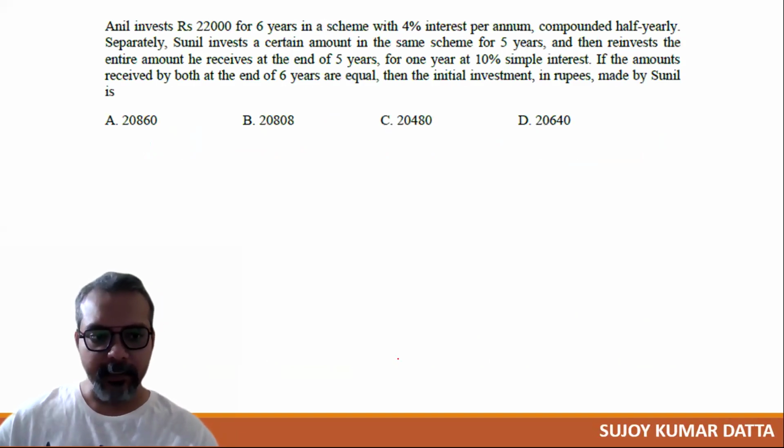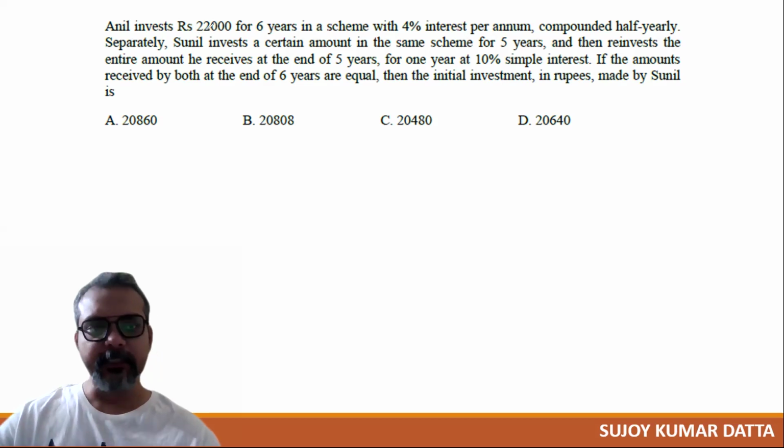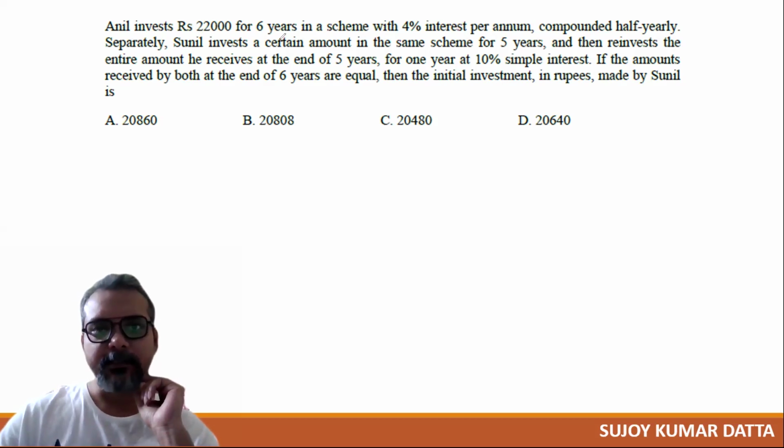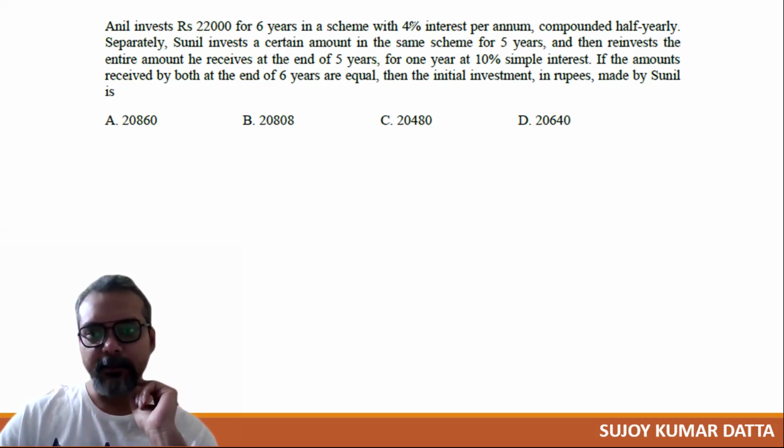So here it is saying that Anil invests 22,000 for 6 years with 4% interest per annum, compounded half yearly.